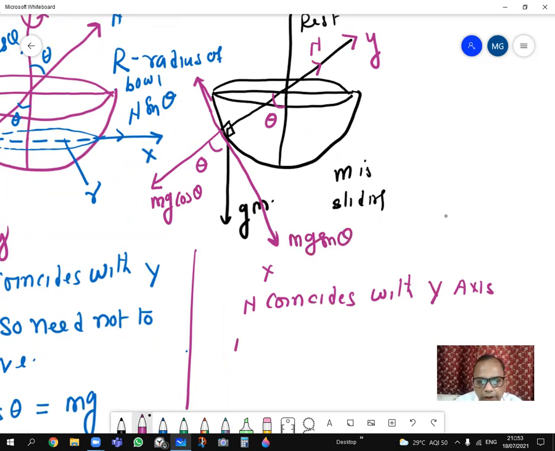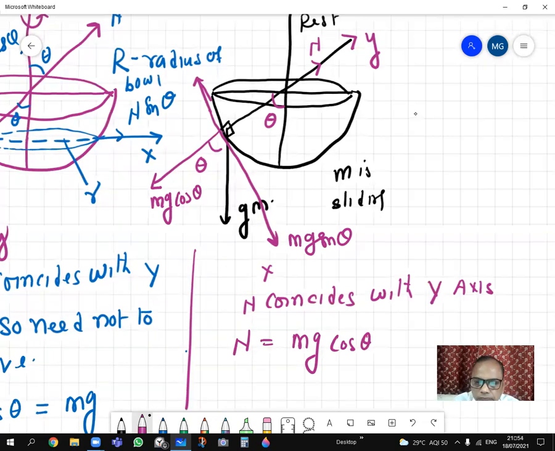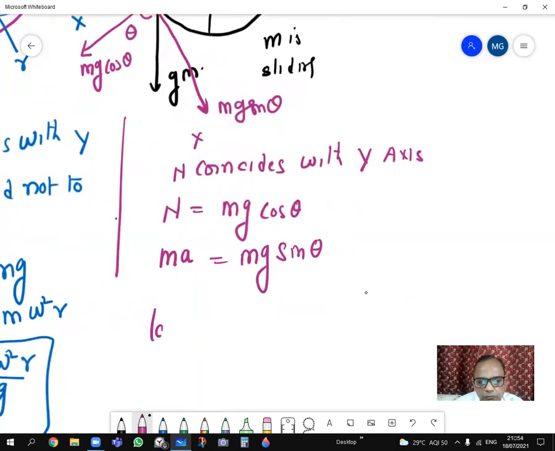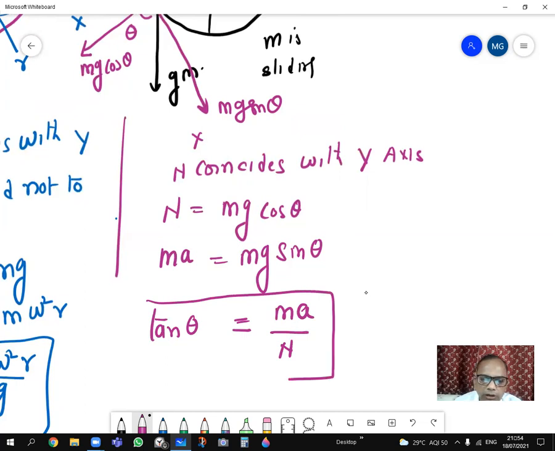So you can say now N is equal to mg cos theta and ma is mg sin theta. So now you divide, you will get tan theta is equal to ma upon N. So depending upon question, what is a, what they want, N, theta, anything which you can get from here.